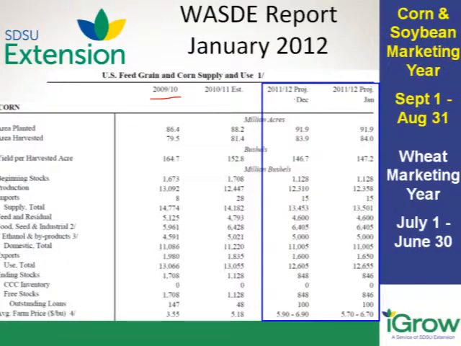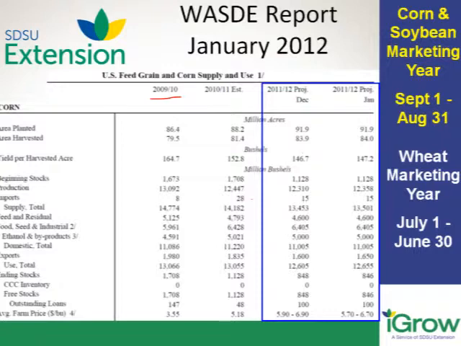The last 2 columns that you see are 2 different projections for the 2011-2012 marketing year that ends on August 31st, 2012. USDA makes these estimates every month, and you see the December estimates there that were projected, and the January projections as well. USDA did the same thing in February and March and April and so on until it starts forecasting its new marketing year, the 2012-13 marketing year, in May, in its May release.